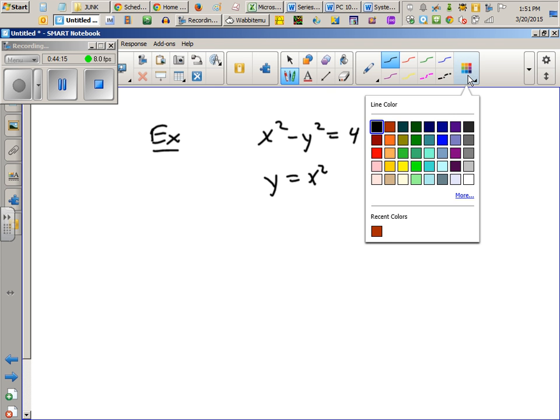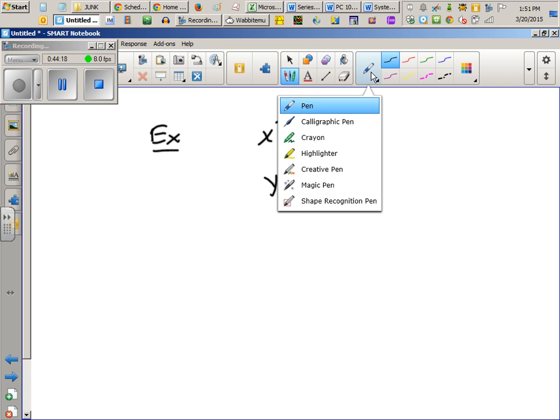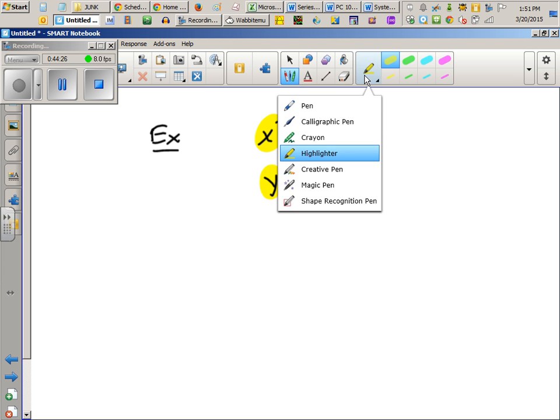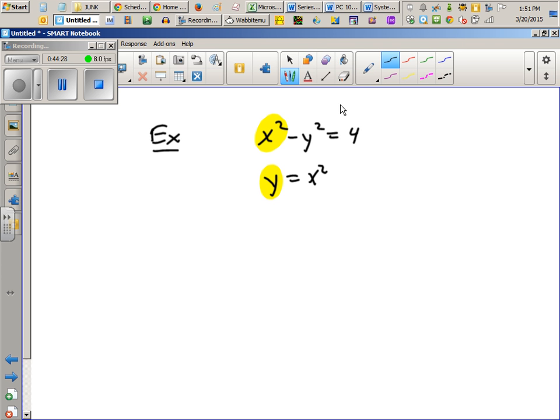Probably the easiest thing to do here is since your y is x squared, you could replace this x squared with y. We're saying in this second line that y is x squared, so it shouldn't matter if we write x squared minus y squared equals 4, or simply y minus y squared equals 4. So we're giving permission to replace this with a y.